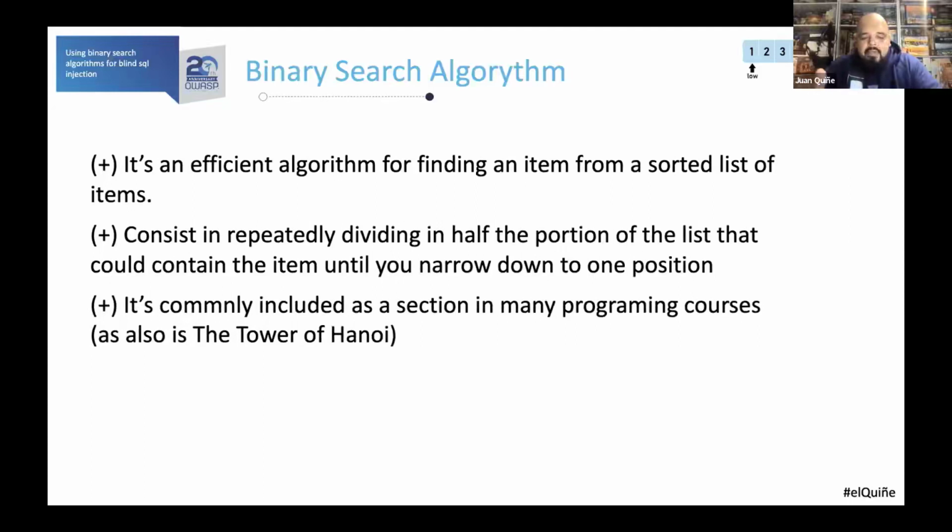If you have studied Python or C or Pascal or any language, you probably passed through binary search, as you probably did the Tower of Hanoi challenge and made a program to automate that kind of work. If you don't remember the Tower of Hanoi, I'll show you.